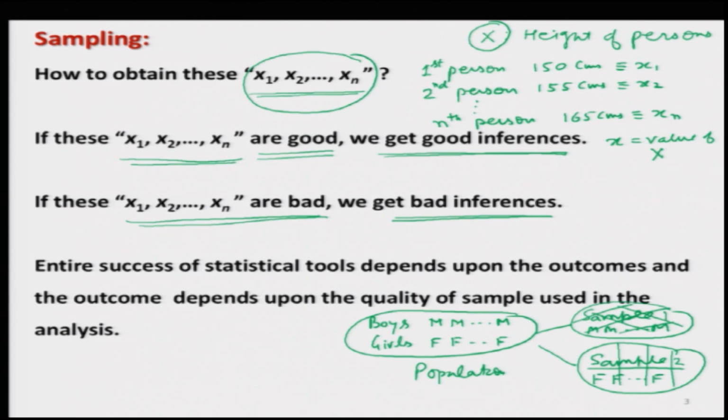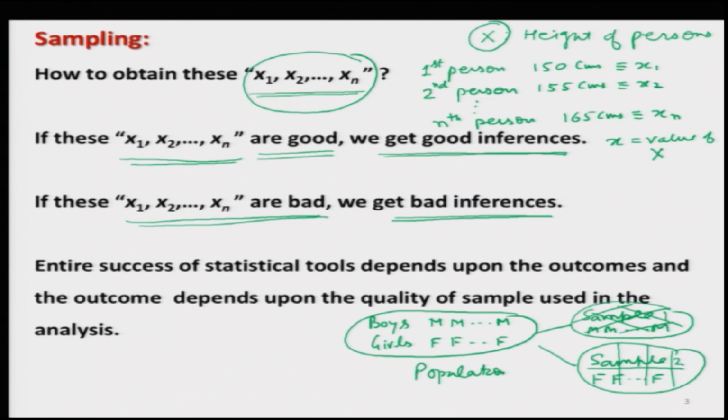If you work with sample 1, which consists only of male students, you will get statistical inferences only for the male students, which may or may not be valid for the female students. Similarly for sample 2, all the statistical inferences will primarily indicate the female students, and they may or may not hold for the male students.